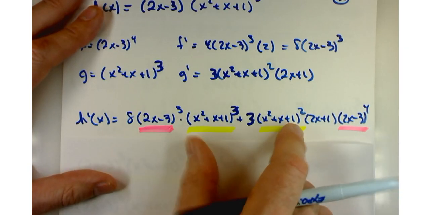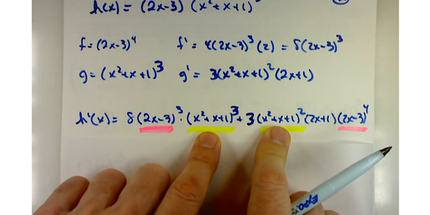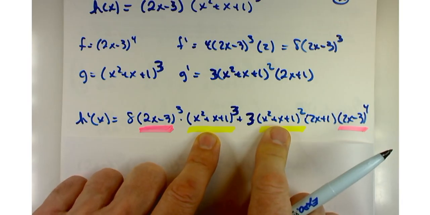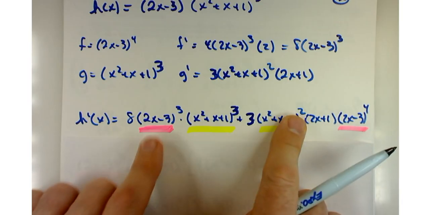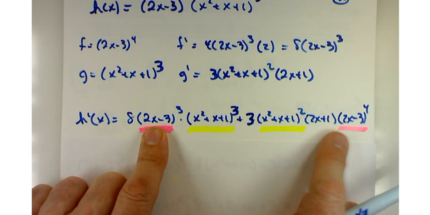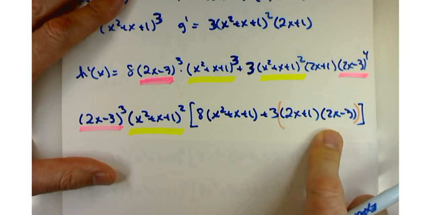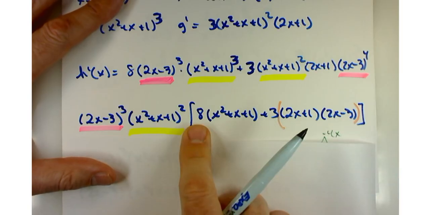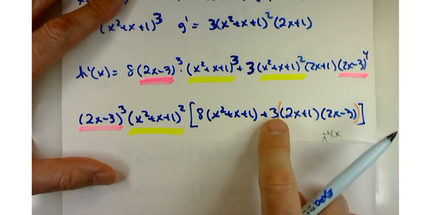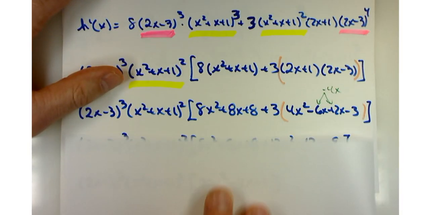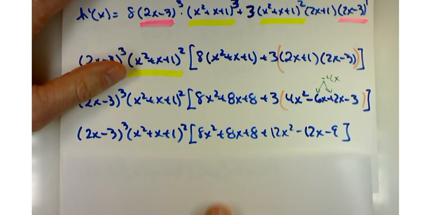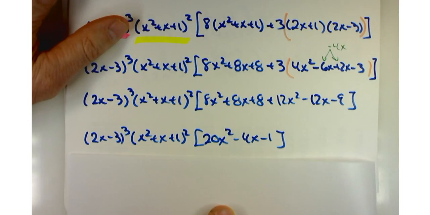And then to clean this up, I factored out the GCF here, which was your (x squared plus x plus 1) to the 2nd power and (2x minus 3) to the 3rd power. You factored it out, that left some stuff behind. Distribute here, FOIL here, and then distribute the 3. Get a lot of cleaning up, etc. And then we end up with this.